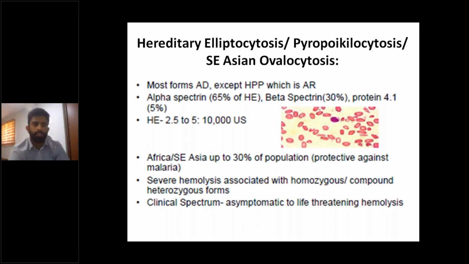The HE incidence is 2.5 to 5 per 10,000 in the US. In Africa or Southeast Asia, up to 30% of the population, they are protective against malaria. Severe hemolysis is associated with homozygous or compound heterozygous forms, and the clinical spectrum is asymptomatic to life-threatening hemolysis. So that is the brief information about hereditary elliptocytosis. You can see a peripheral smear which shows elliptocytes here.